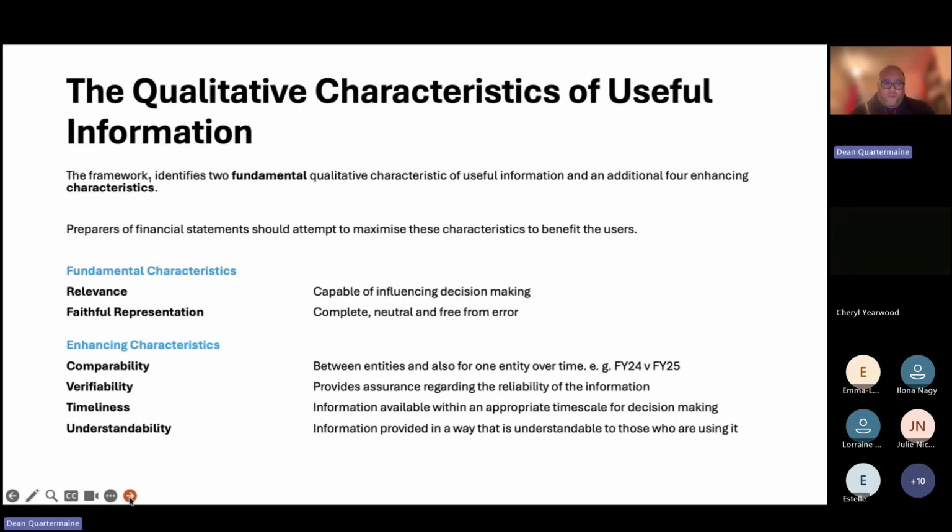I would argue that understandability is a fundamental characteristic. If people can't understand it, it can be the most relevant thing in the world, and it can be the most faithful representation of the truth. But if no one understands it, no one's going to use it. So I'd argue understandability is a fundamental characteristic, but I'm not writing the framework.